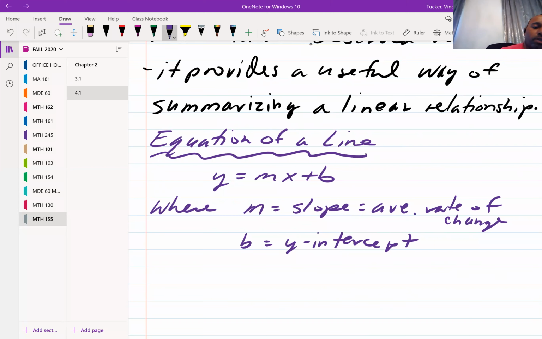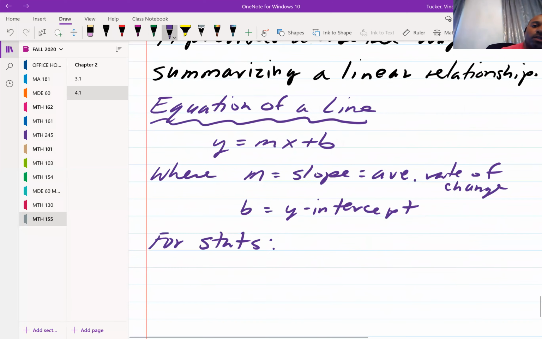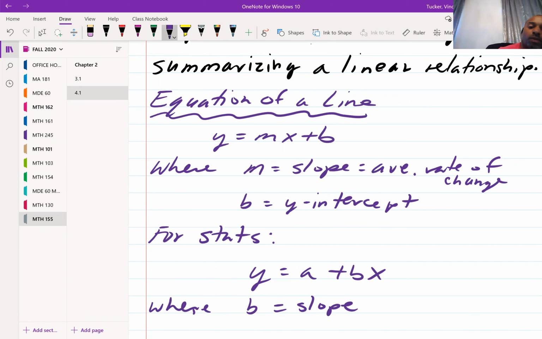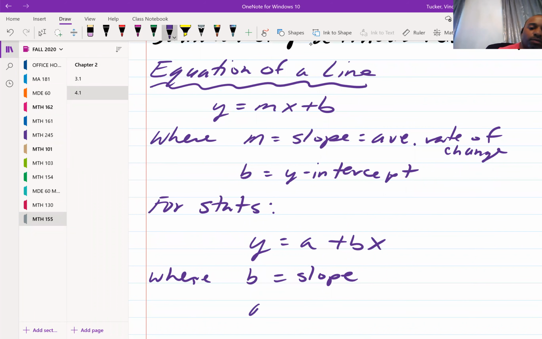But for stats, they write it a little different. So your book writes it in this form. But the same setup: whatever's sitting in front of x is your slope, and the other number is your y-intercept.